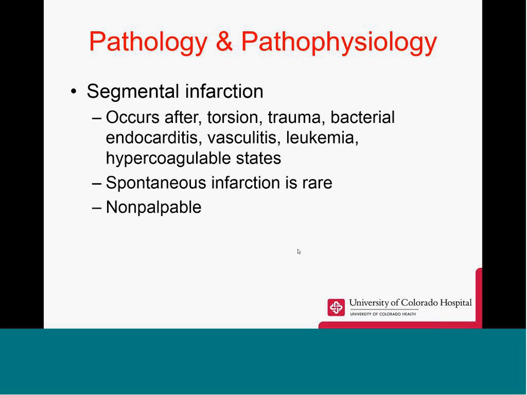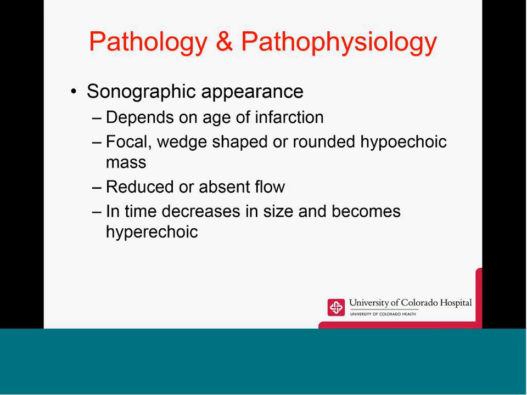Spontaneous infarction is rare, and this is a non-palpable abnormality. On ultrasound, it really depends on the age of the infarction on whether you're going to appreciate it. Early sonographic appearance may be difficult to distinguish from a testicular neoplasm, but an infarct will decrease in size, whereas characteristically tumors enlarge with time.